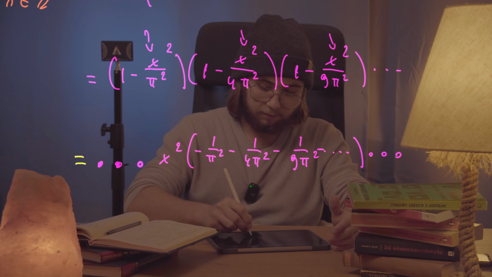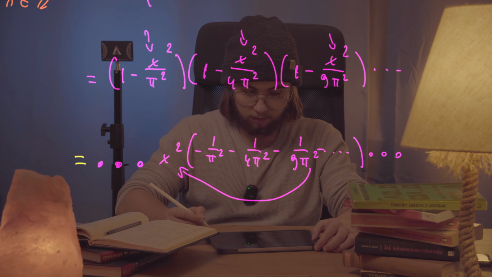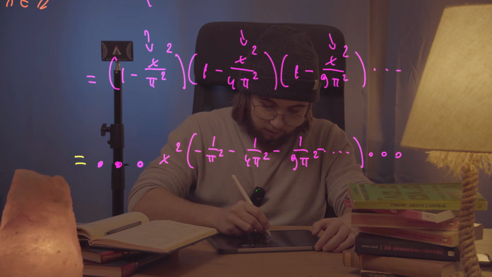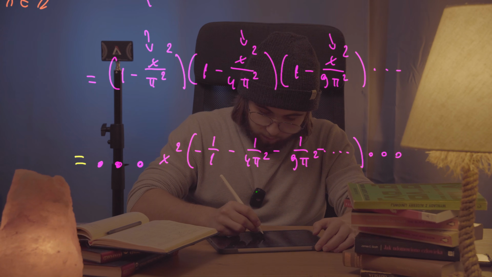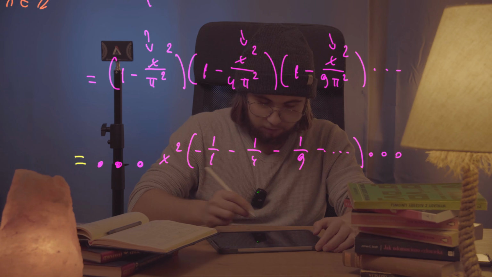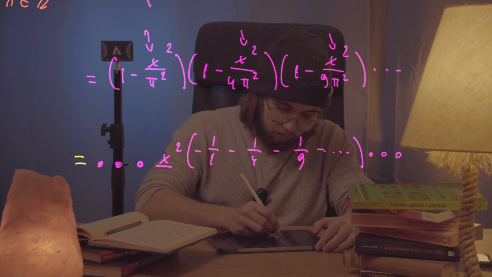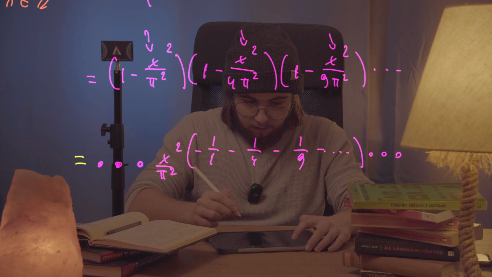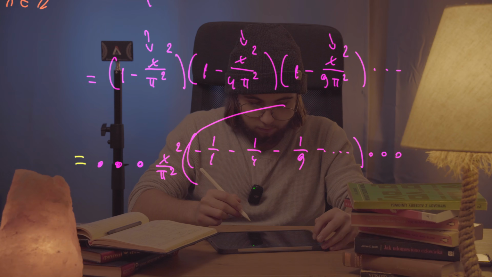But now we can factor out the pi from there. Then what we'll get is 1 minus a quarter minus a ninth multiplied by x squared over pi squared.